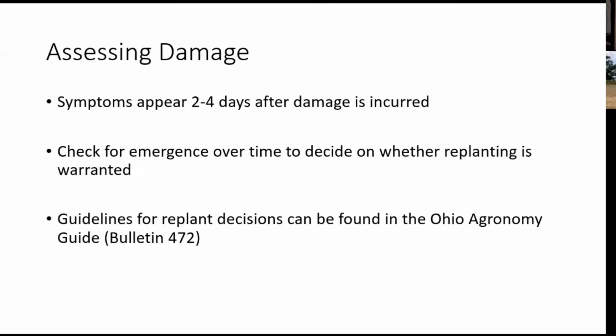If you decide that you want to consider replanting, we have some good guidelines for both corn and soybeans in our Ohio Agronomy Guide. The one thing to keep in mind is that every time you make a replant decision, you have to take into account the delayed planting and the potential lost yield from reduced number of days with full sun.